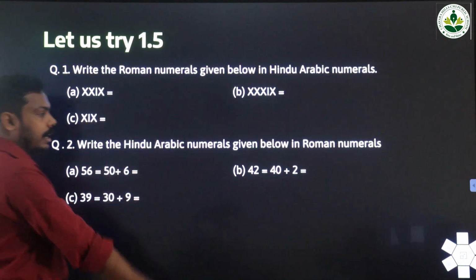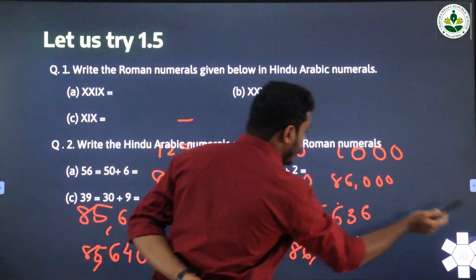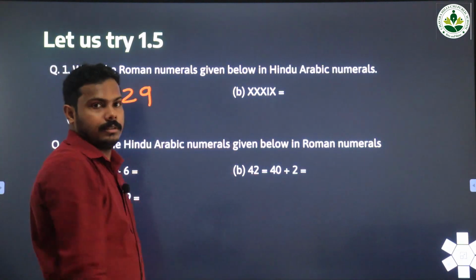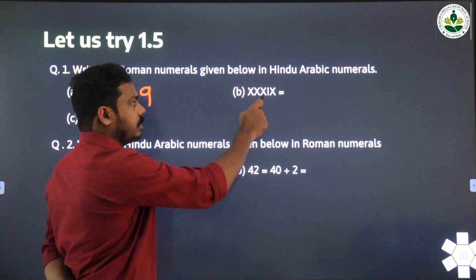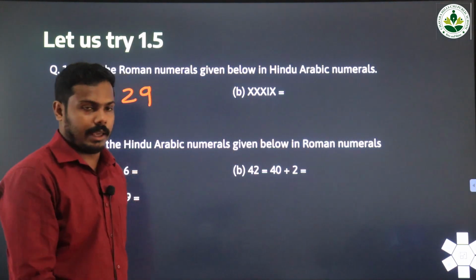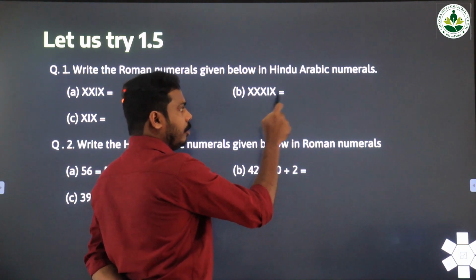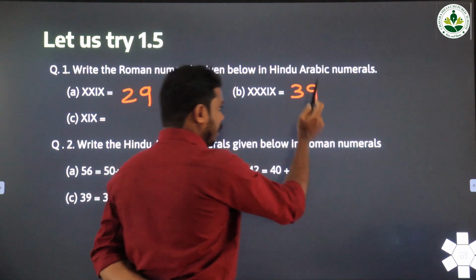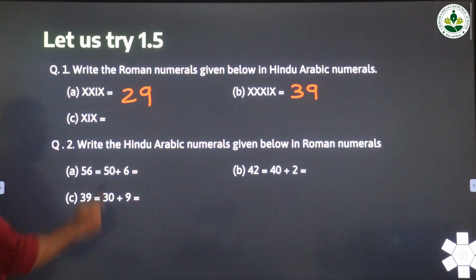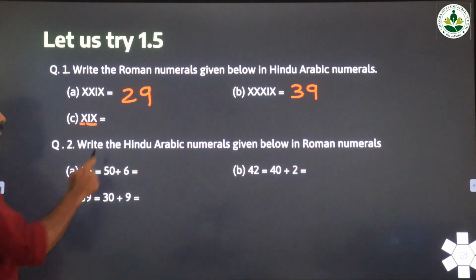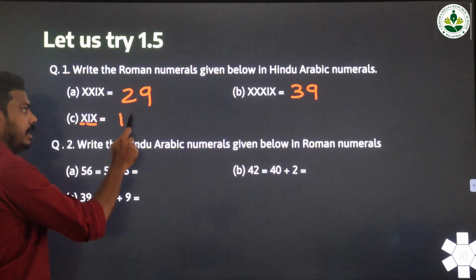And this is 9. So it is 29. Here XXXIX: X plus X plus X, 30 plus 9, it is 39. And here XIX, X is 10 and IX is 9. So the answer is 19.